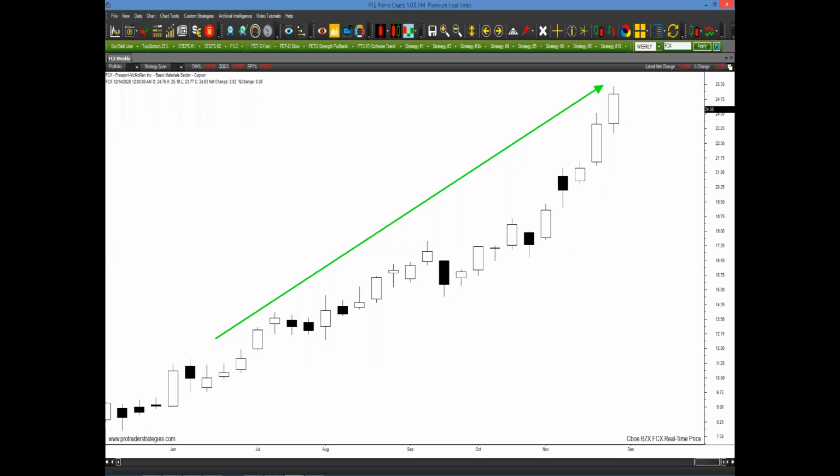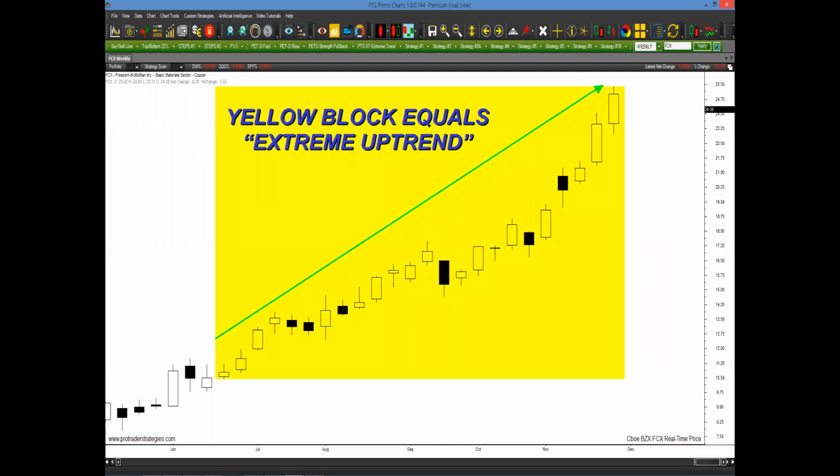For example, as we look at this older chart in FCX, a weekly chart of Freeport McMoRan, obviously it had an extreme move to the upside. So how did the PTS-XT identify this? Well, when you have a move to the upside, what this tool does is paint a yellow block around bars that it deems to be in an extreme uptrend.